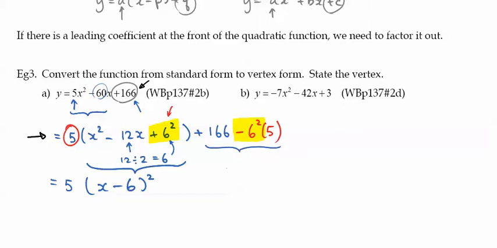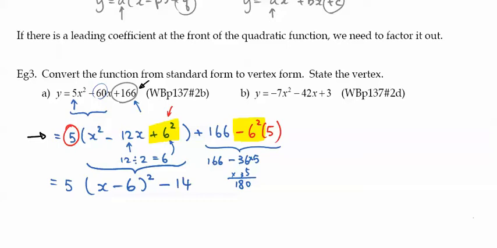These numbers here, 166 minus 36 times 5, I'll be using my calculator to work out the value. Well, since I don't have a calculator in front of me, I'm just going to work it out manually. 5 times 36: 5 times 6 gives us 30, and 5 times 3 equals 15, so that's 180, and 166 minus 180 will give us negative 14.